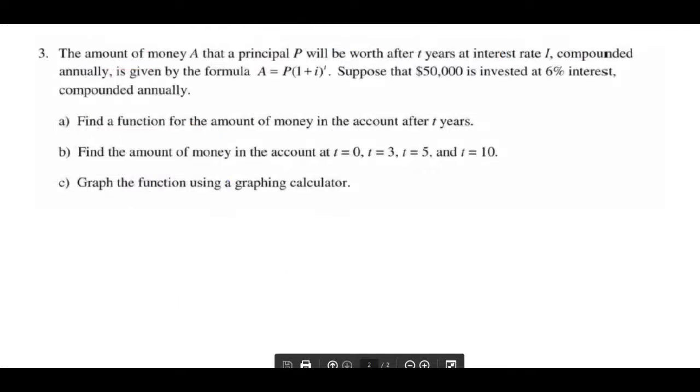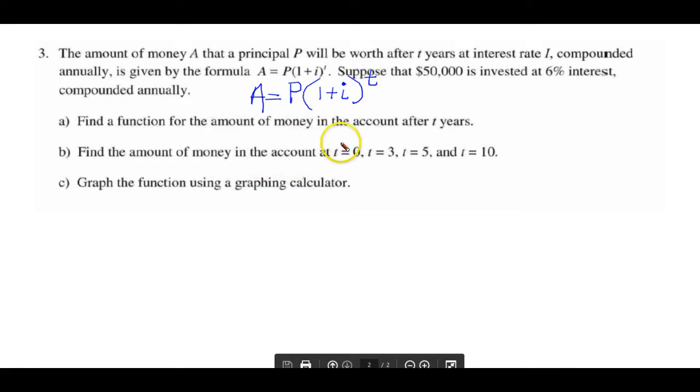Now, in this last one, they're using this formula that we had used before. A equals, which is the end amount, the principal, and then 1 plus I, which is your interest, to some time value.